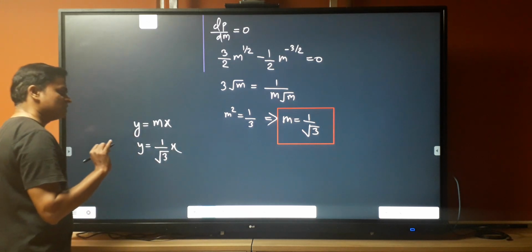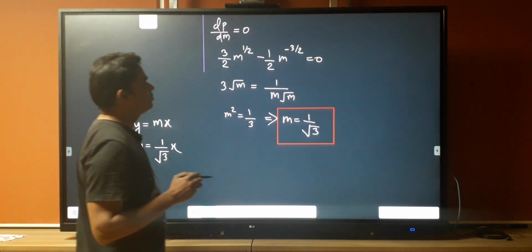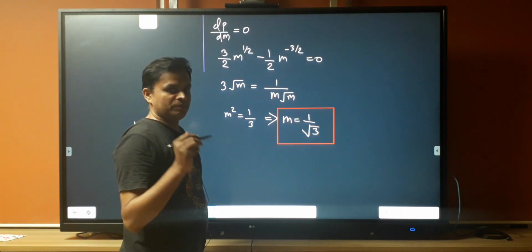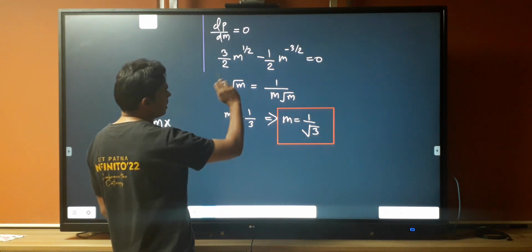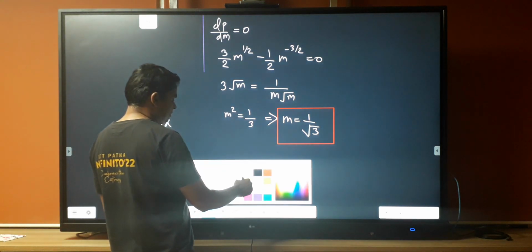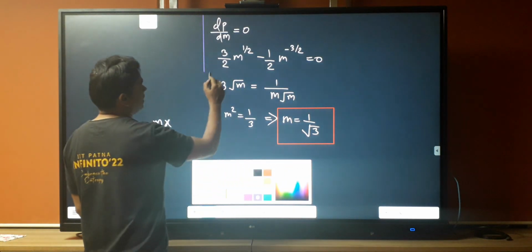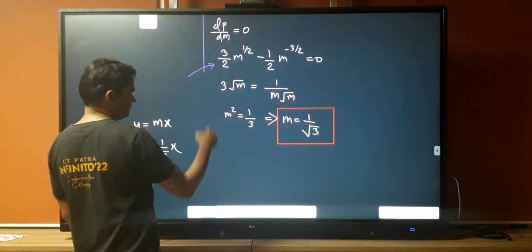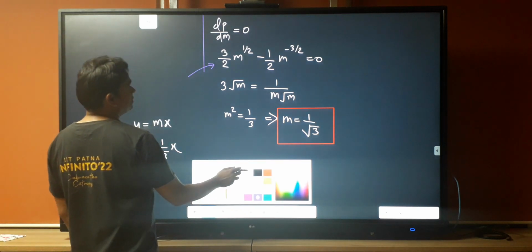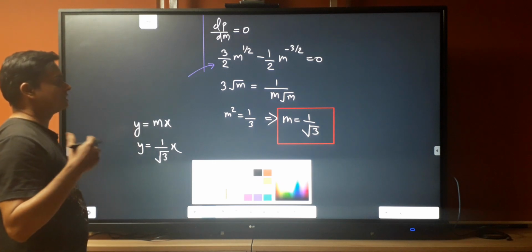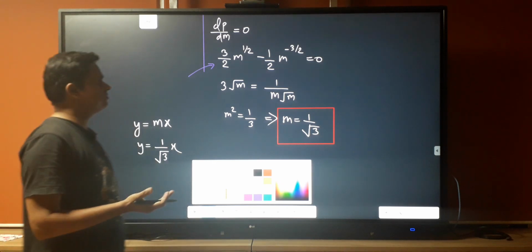Is the question finished? No, because we also need to prove that for m equal to 1 by root 3, it represents minima. So how can I get it? If I do the double differentiation, and if it is greater than 0, that means it represents minima.